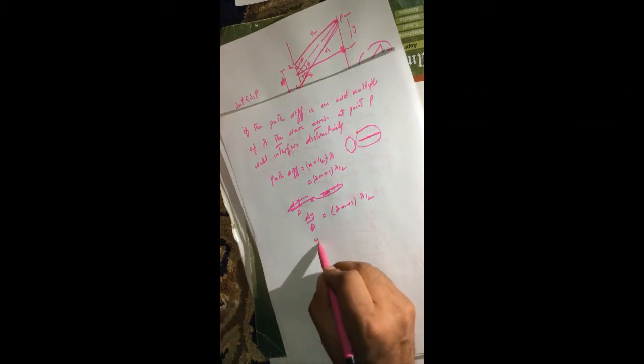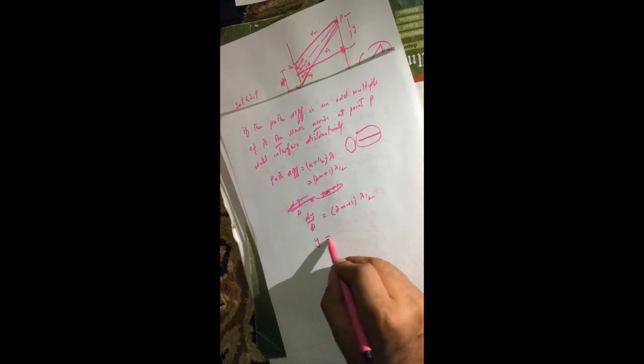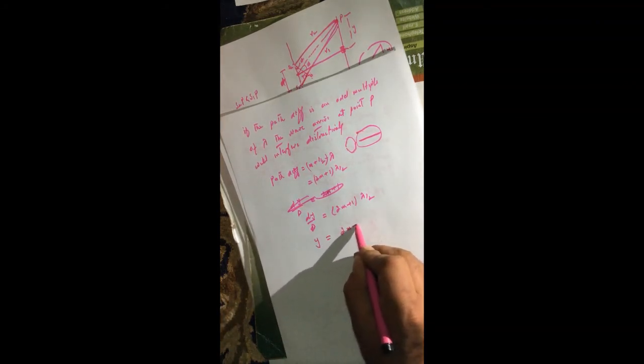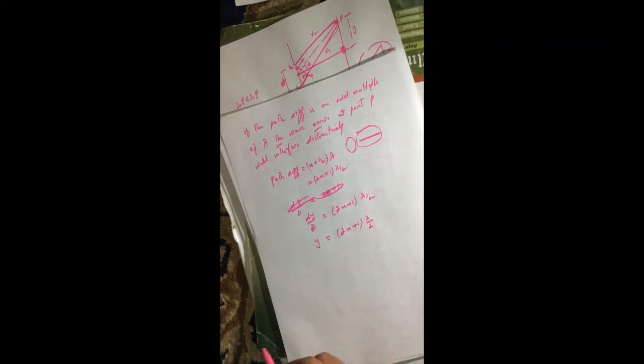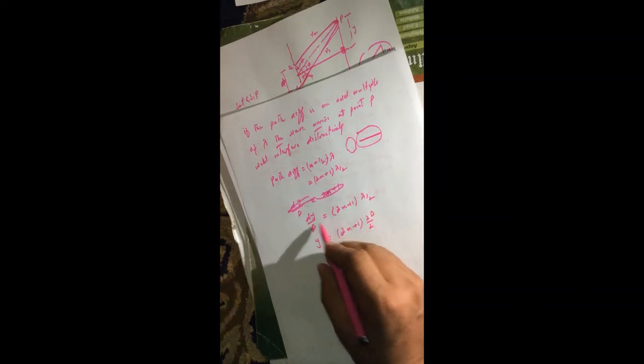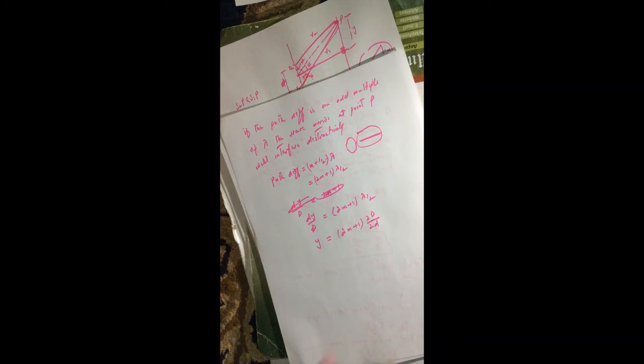From this we can calculate the value of y, which is 2m plus 1 lambda D divided by 2d, where m is 0, 1, 2 and so on.